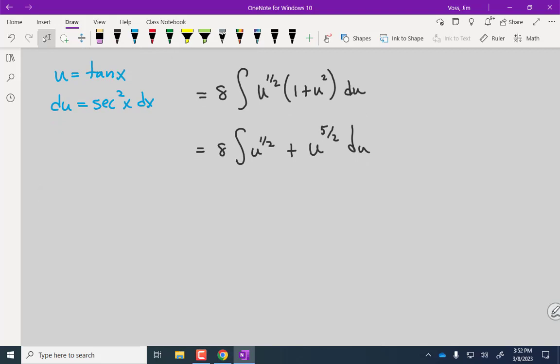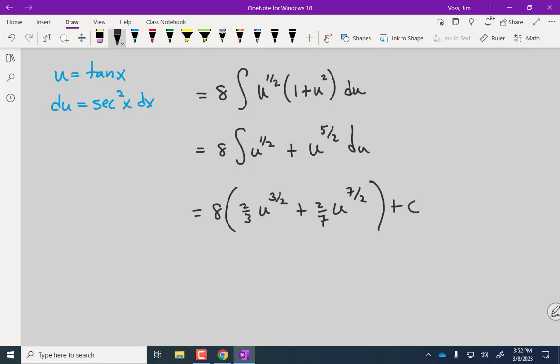So we'll end up with, plug in tangent and distribute.